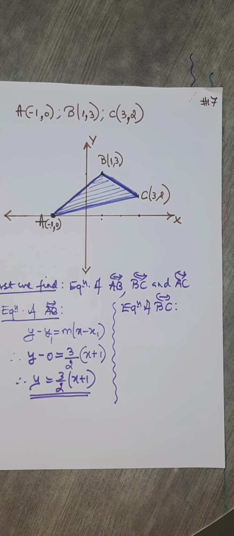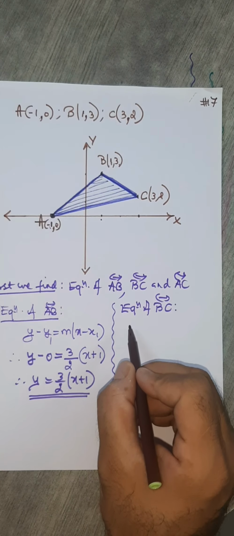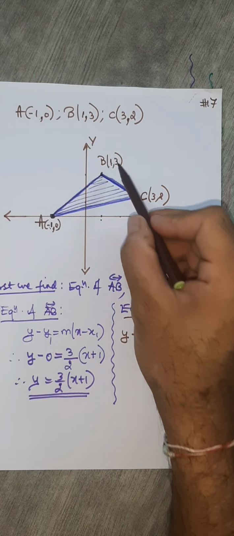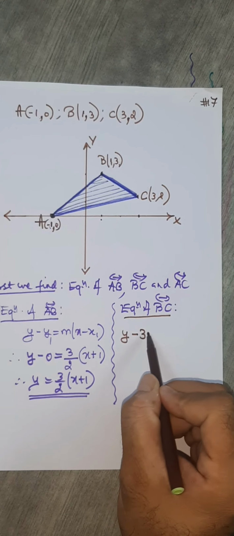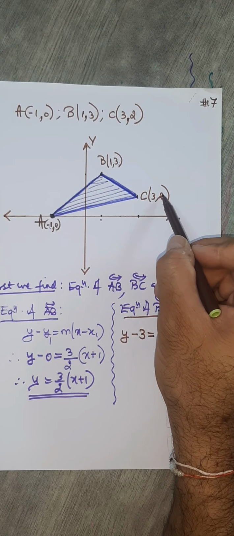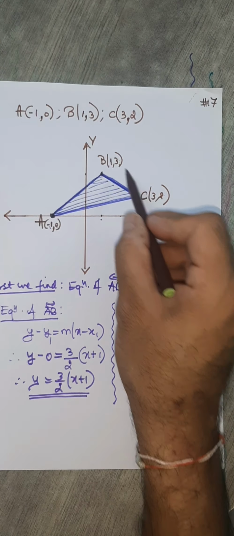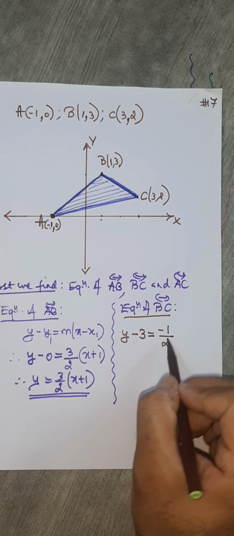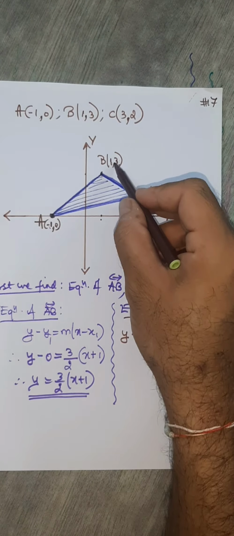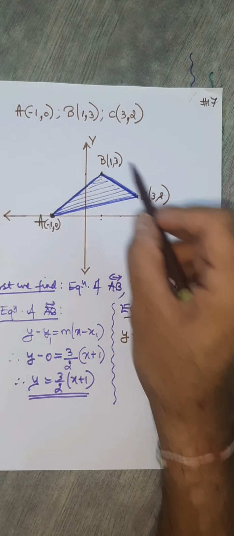Equation of BC. So do carefully. Okay. So how do we get the equation of BC? This is x1 y1, this is x2 y2. Y minus y1, 3, equals slope, y2 minus y1, that is 2 minus 3, which is minus 1, upon x2 minus x1, 3 minus 1, 2, into x minus x1. x1 is 1.